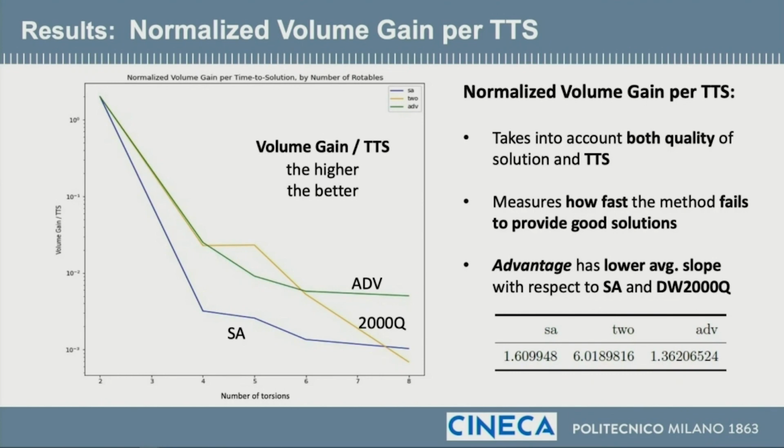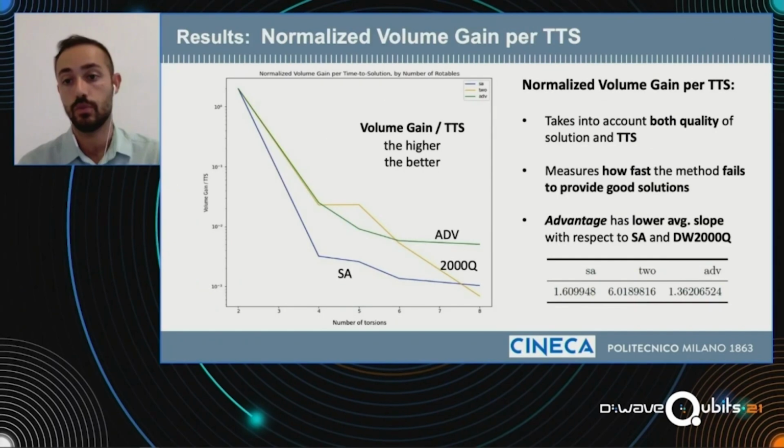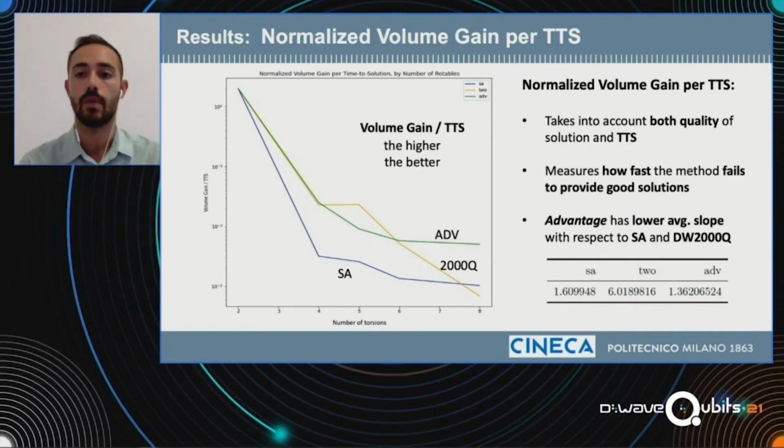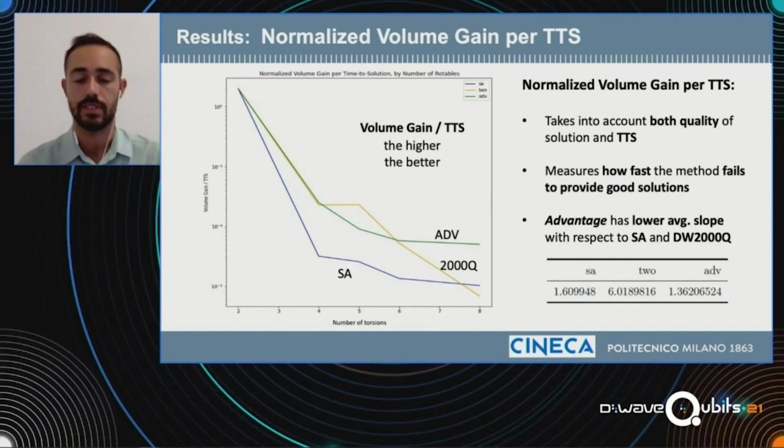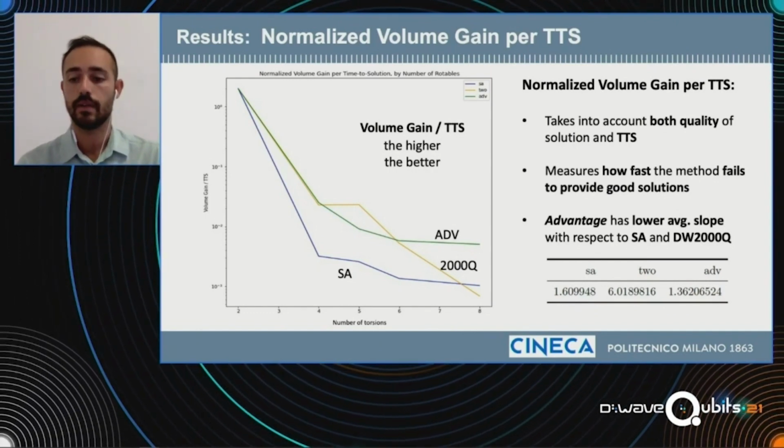We came up with this metric because we wanted something that was able to take into account both the quality of the solution and the time to solution. Basically, this measures how fast the method fails to provide a good solution. And the important thing here is the slope. You can see that Advantage has a better slope than the 2000Q, but also a better slope with respect to simulated annealing, which was the best one.